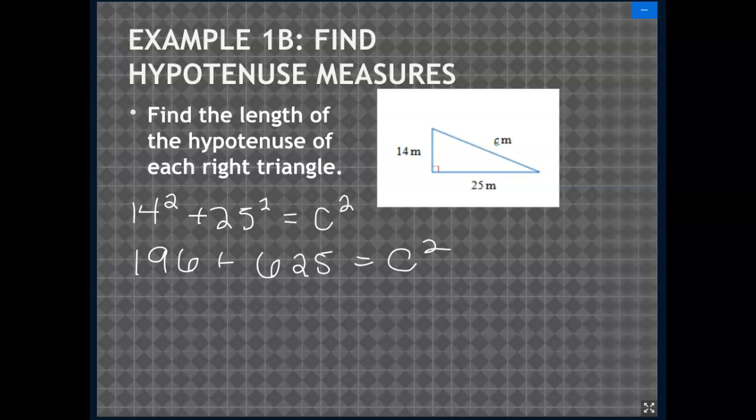Add them together, you get 821. Take the square root of that, and we get 28.653 meters.